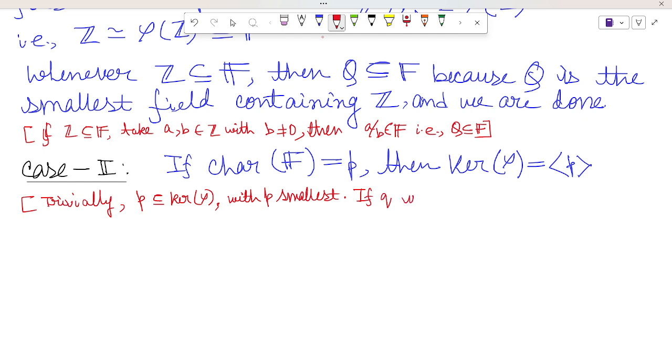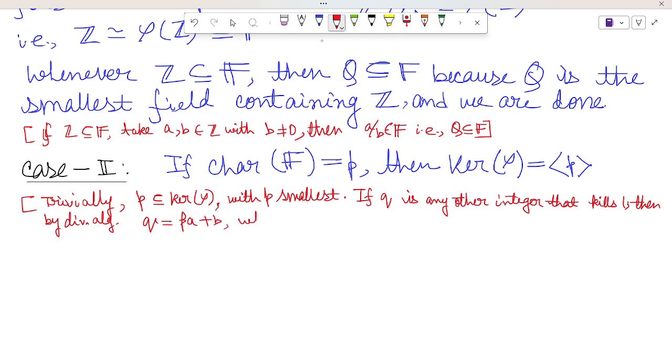If q is any other integer that yields 1, then by the division algorithm, since Z is a Euclidean domain, I can perform the division algorithm. q equals pa plus b, where b is the remainder.